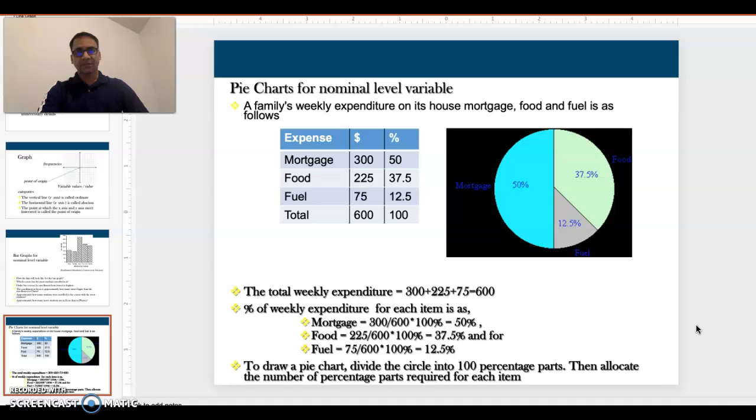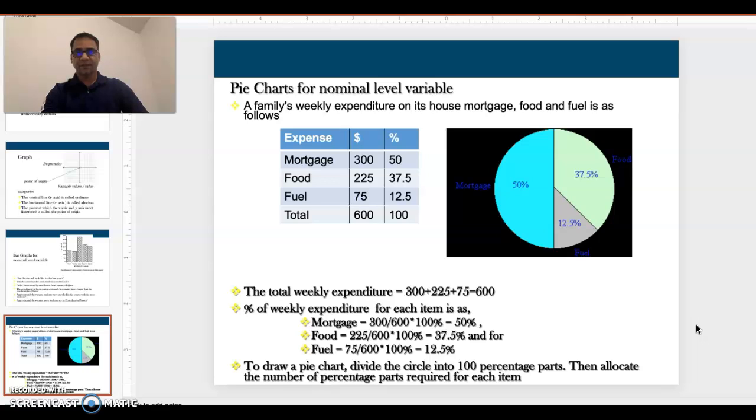There is another way of presenting data. This is a pie chart, which looks like a circle, like a pizza. There are different shapes and sizes. Here the family's weekly expenditure on house mortgage, food, and fuel are listed below.